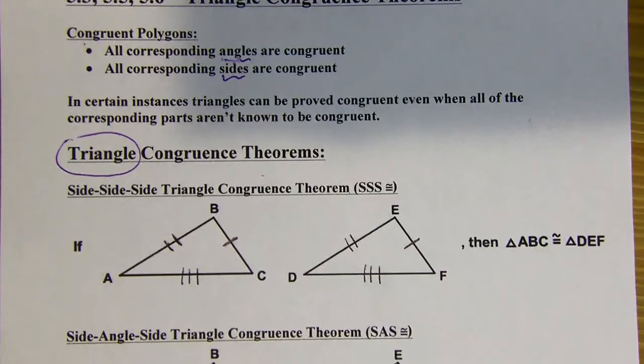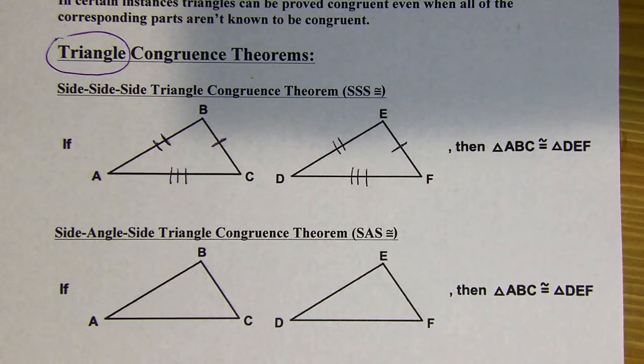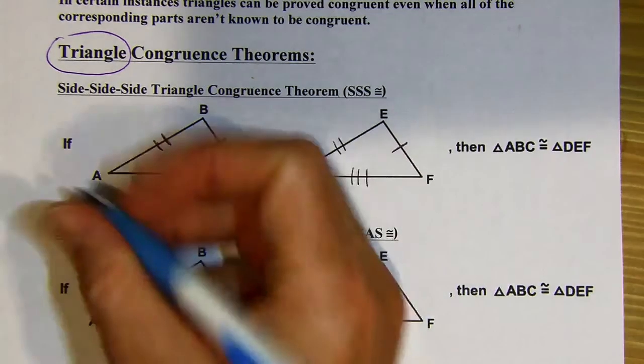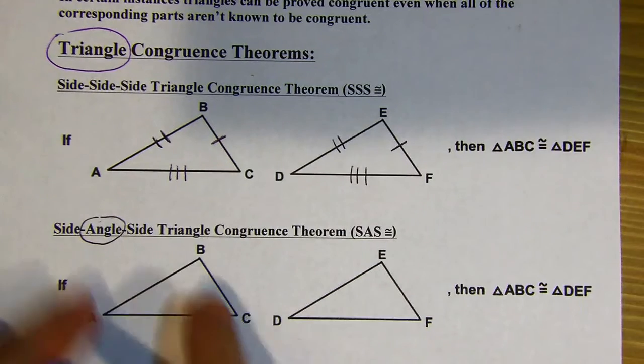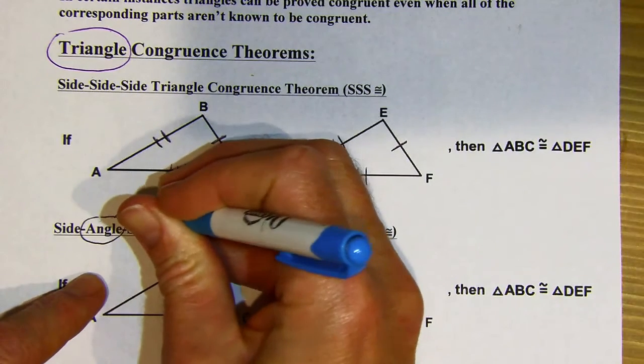All right, so let's move on to the next one. So now we've got the side-angle-side triangle congruence theorem, okay? And this is really important, SAS for short. It's really important where the angle is in the name of this, okay? This is the included angle.